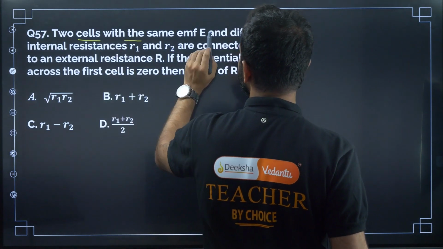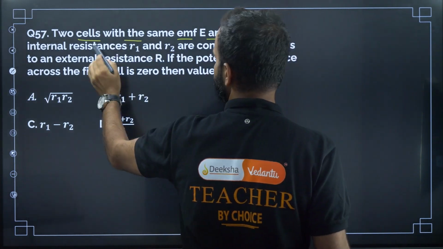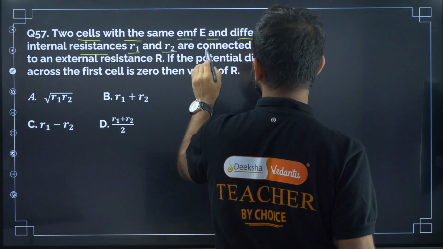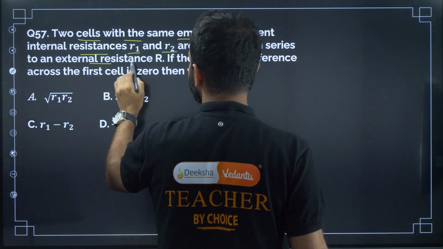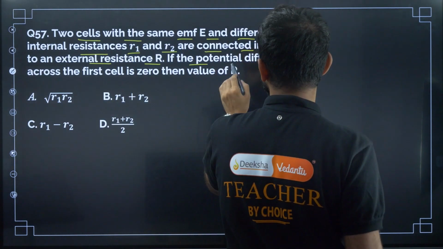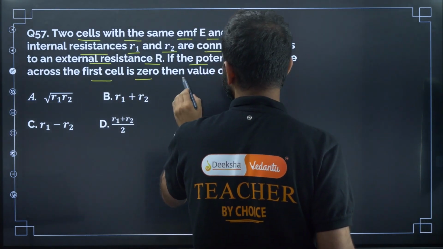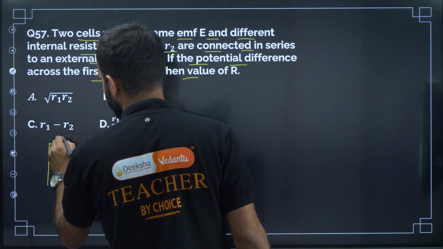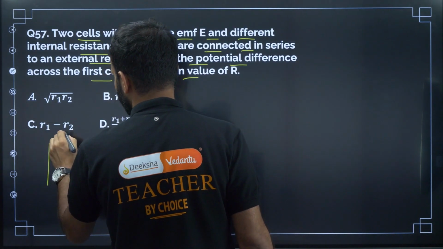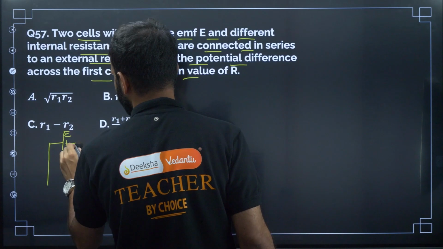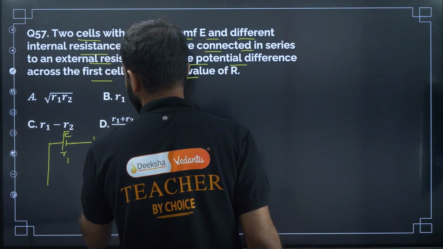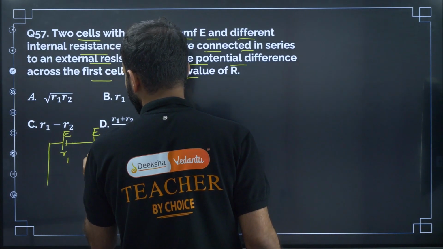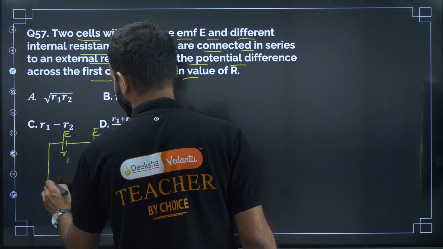Two cells with the same EMF E and different internal resistances R1 and R2 are connected in series to an external resistance R. If the potential difference across the first cell is 0, then the value of... Here the EMF is E and internal resistance R1. Here the EMF is E, internal resistance R2.